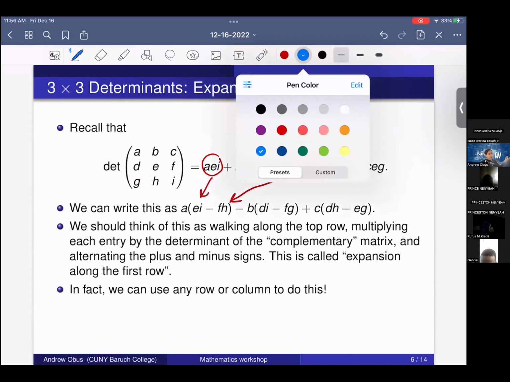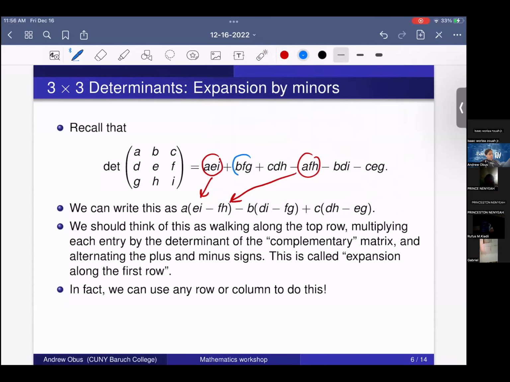And I can group this term and this term together with B's, and write that as B times, it's minus B times (DI minus FG). So this is minus BDI and plus BFG because the minuses cancel. And lastly, I can group these terms, which both have a C, and this becomes C times (DH minus EG).